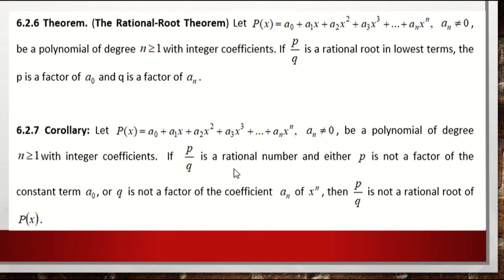If p over q is a rational number and either p is not a factor of the constant term a sub 0 or q is not a factor of the coefficient a sub n of x to the power of n, then p over q is not a rational root of p of x. So, kung dili factor si p sa first term, si q sa last term, then ang kaning p over q dili siya rational root sa atong given nga polynomial.